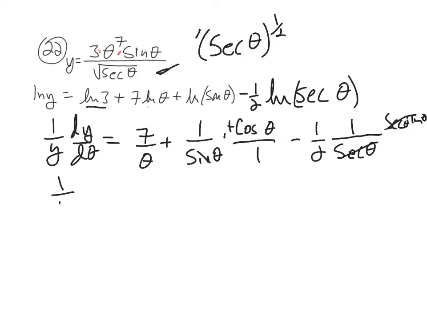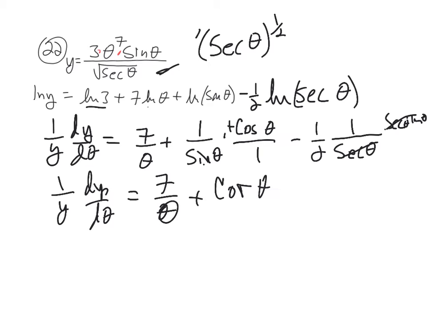We've got 1 over y dy d theta equals 7 over theta. And cosine over sine is cotangent, right?